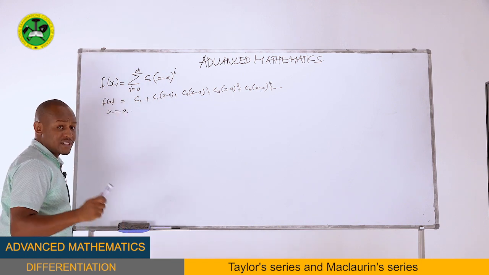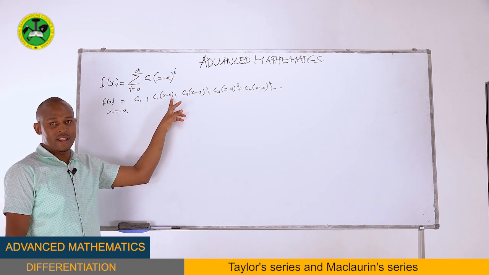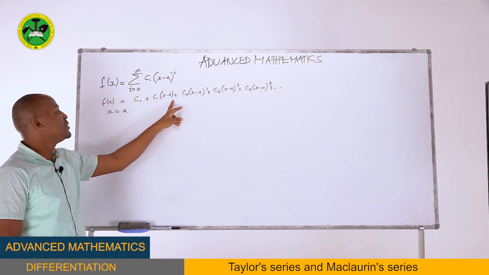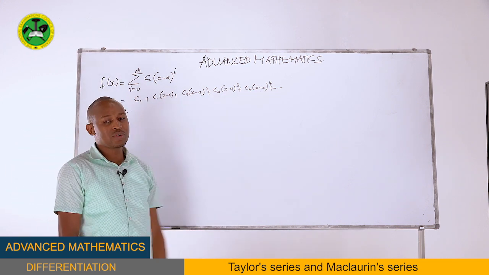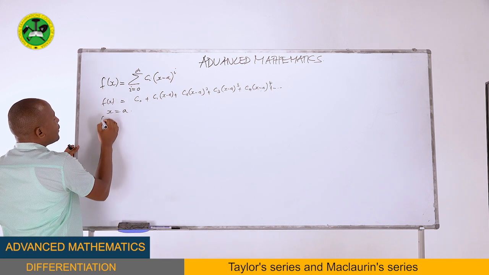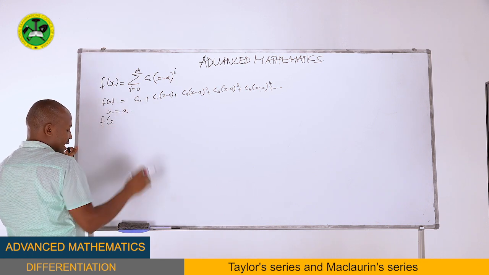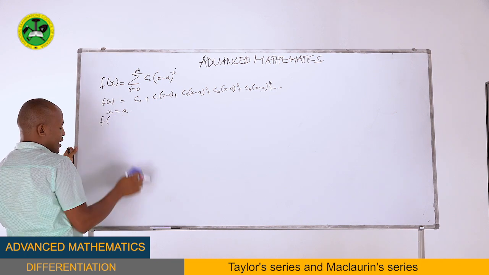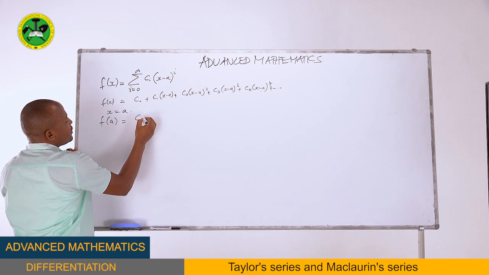Check it out very correctly. If you put x equal to a there, this term will be equal to 0, and that will be equal to 0, and that also equal to 0. That is to say we have f of x equal to that, and I want to put there a, sorry, that will be f of a. That means we are going to have c naught.